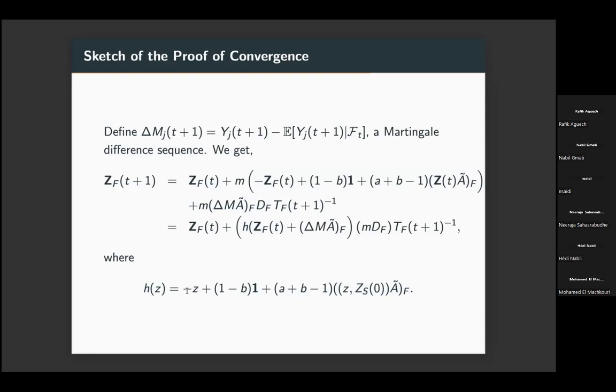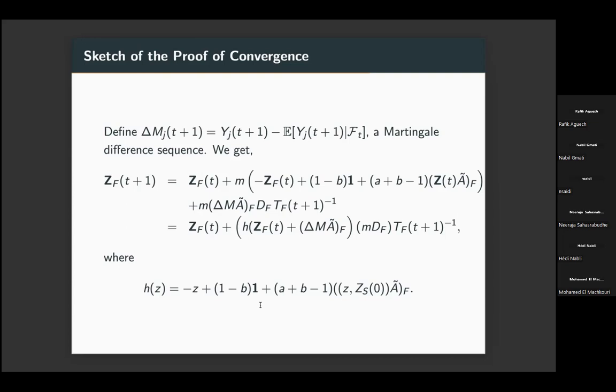If you notice, this h function depends not only on the initial condition of the stubborn vertices, but also on the adjacency matrix, and finally on A and B, which come from the reinforcement matrix. So it has all the information about the kind of reinforcement you are doing and the kind of graph that you are working on, which is not a surprise because the limiting behavior should depend on these two things.